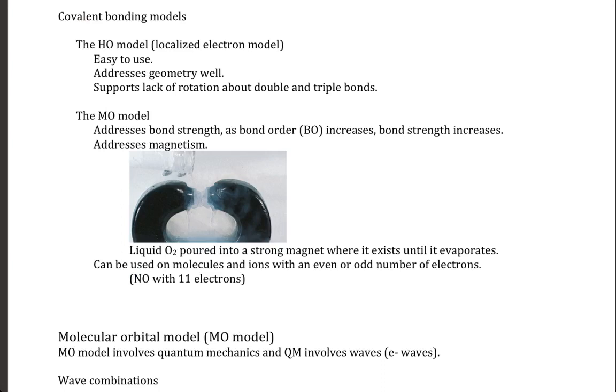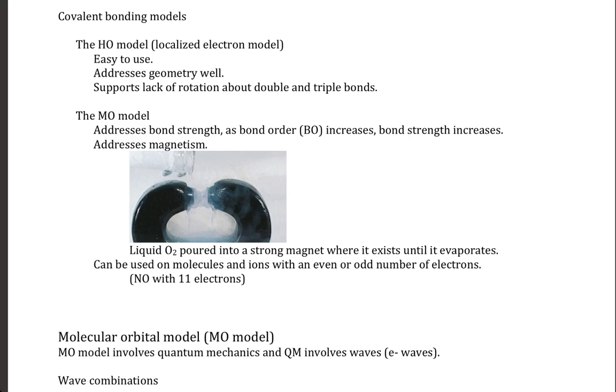Alrighty, so for the 2 covalent bonding models that we have, we've talked about the hybrid orbital model. It could also be called the localized electron model. The electrons are localized in that region of overlap of the orbitals. The electrons do not have access to the entire molecule. They have access just to what they are connecting.